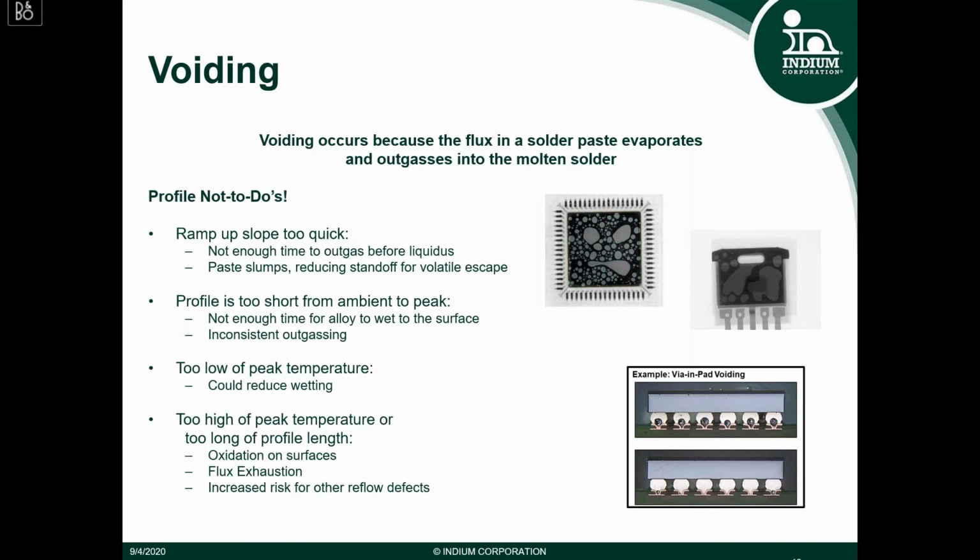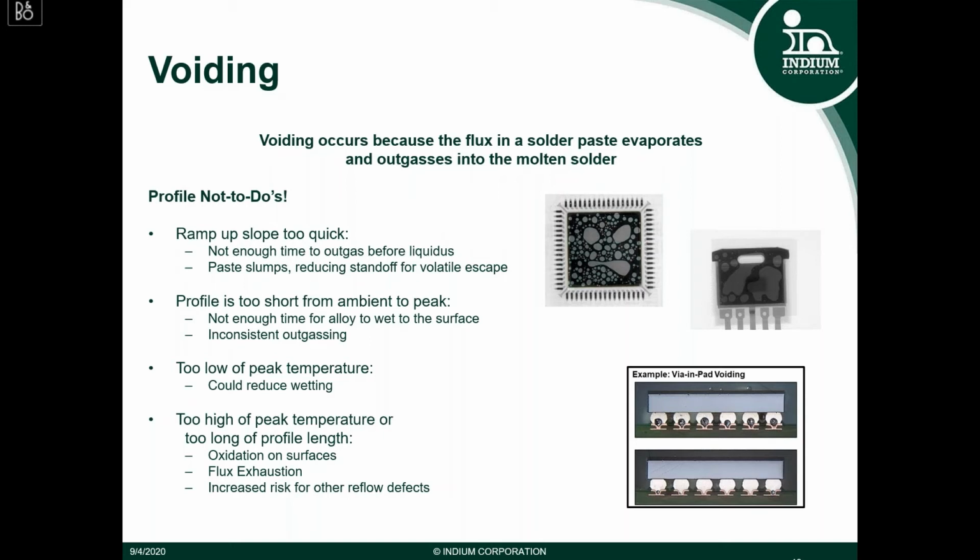And finally, if you have too high of a peak temperature or too long of a profile length, you could get excessive oxidation on your surfaces. This will also cause some non-wetting areas where the flux will outgas to. It'll blow up like a balloon and you'll have a void. You could also exhaust the flux.